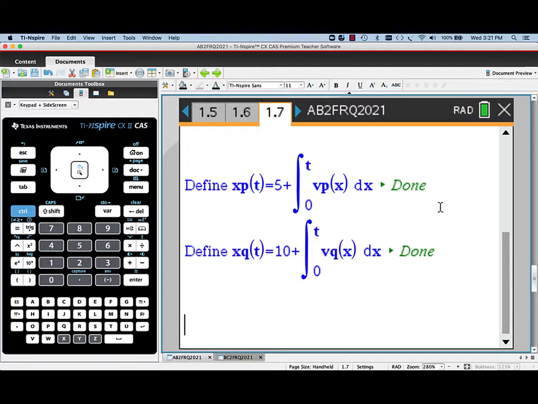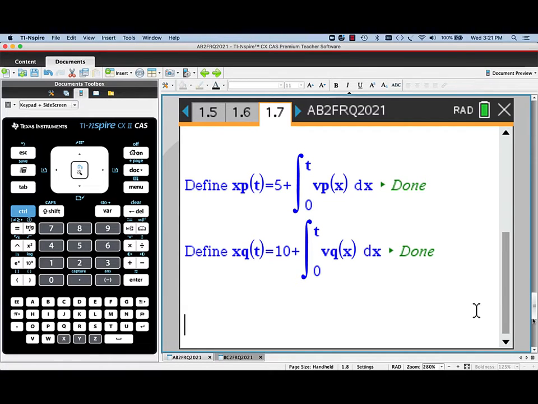So we define that for particle P, and then xq of t gives us the initial position of 10 plus the change in position definite integral, which will provide the position of particle Q at time t. So we have our position, velocity, and acceleration functions all set up, and we're ready to move to the visualization.